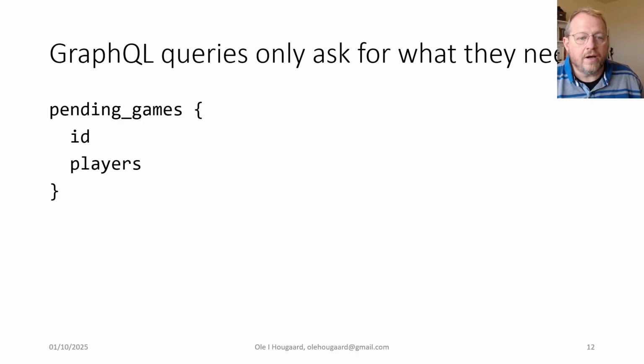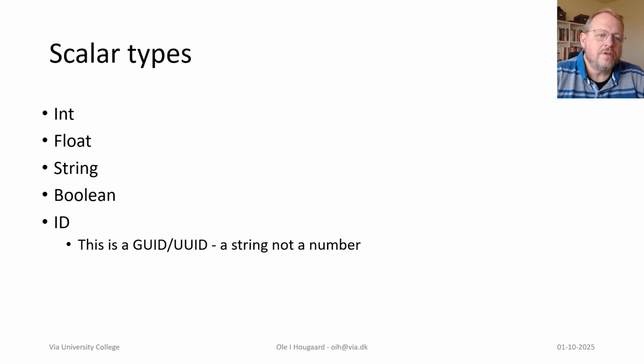request. Now, since this is an interface that we need to define, because I'm showing you the request, not the interface, we will need to have some types. So the types we're using are things like int, float, string, boolean. Essentially things you can have in JSON.